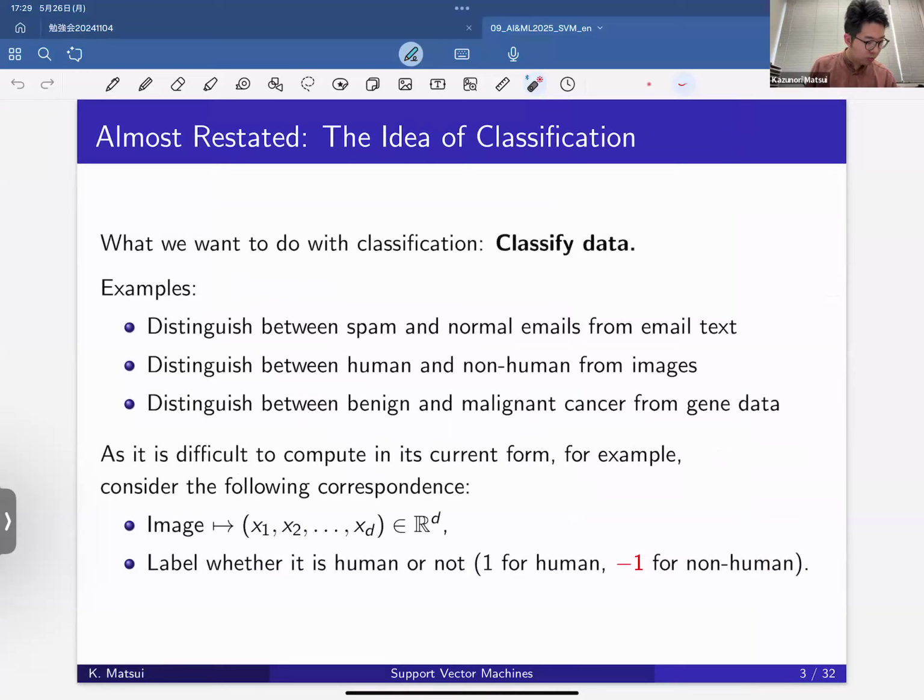Especially, we want to map d-dimensional vectors to 1 or minus 1. Until now, in the previous session, we used 1 and 0, but this time we use -1 for convenience later.